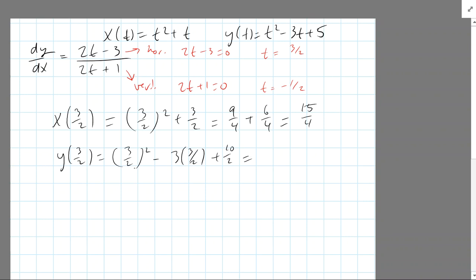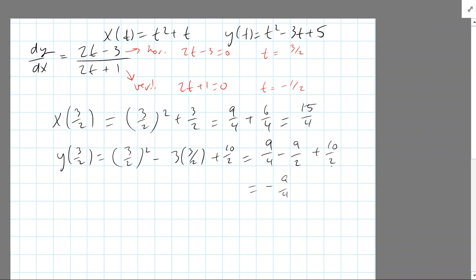So this is going to be 9 minus 9. Oh, wait, those don't go away. Oh, it's 9/4. I got carried away. That's still going to be fine. Plus 10/2. Well, that means I got -9/4, right?